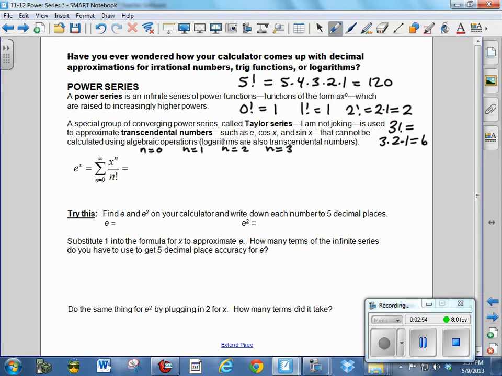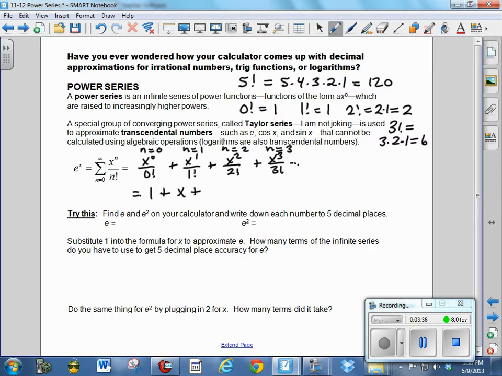So if n is 0, we have x to the 0 over 0 factorial. Then we have x to the first over 1 factorial plus x squared over 2 factorial plus x cubed over 3 factorial, etc. Now, x to the 0 is 1, because anything raised to the 0 power is 1, except 0 to the 0, which is undefined. 0 factorial has been defined as 1 also, so the first term is just 1. x to the first is x, and x over 1 is x, so this is just x.